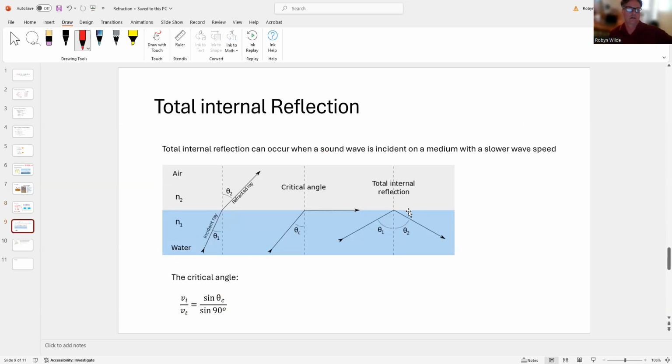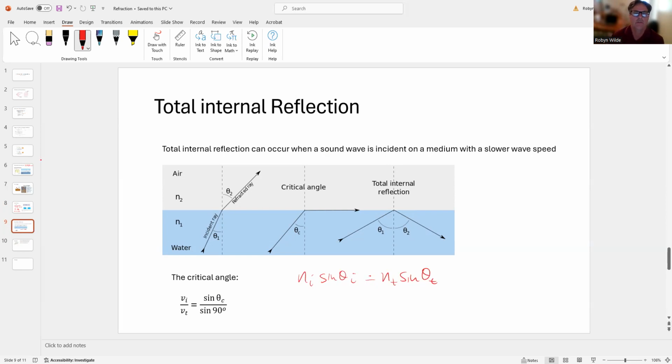For example, in this image, I have an incident ray coming from water out to the air maybe. So it's going from a slow to a fast medium. Therefore, it bends away from the normal direction. Let's use the Ni sine theta I equals Nt sine theta t version of Snell's law.